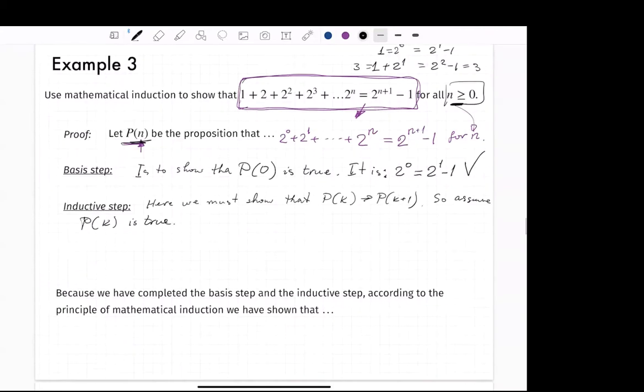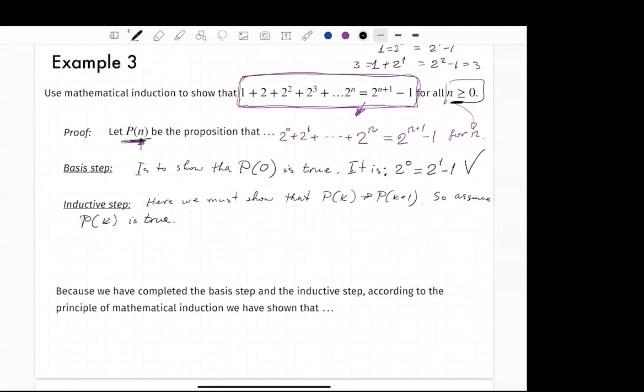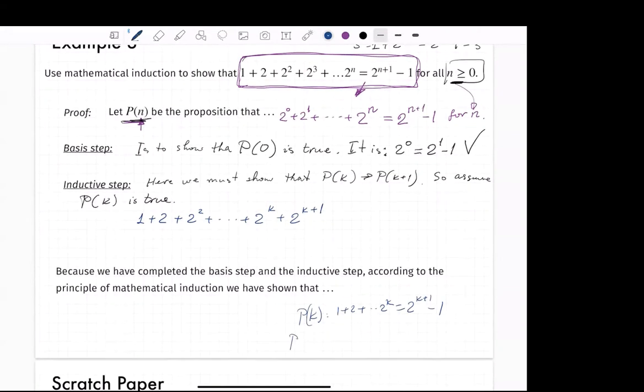Now I'm making a Simpson's cloud here, just a reminder for myself. I'll erase this in a second. So what is my P of k? 1 plus 2 plus up to 2 to the k is 2 to the k plus 1 minus 1. That's what P of k being true gives. From this, I want to conclude 1 plus 2 plus 2 to the 2nd plus up to 2 to the k plus 2 to the k plus 1, which is P of k plus 1.